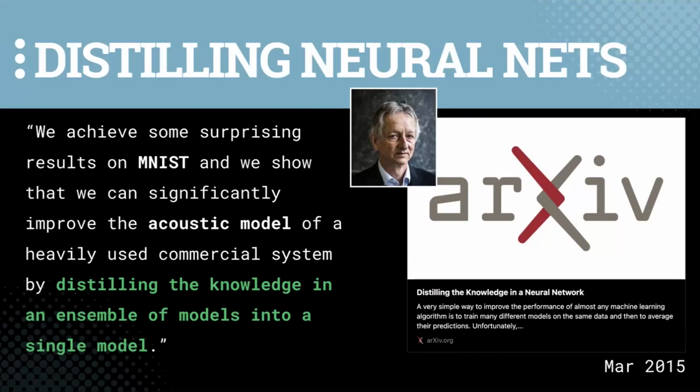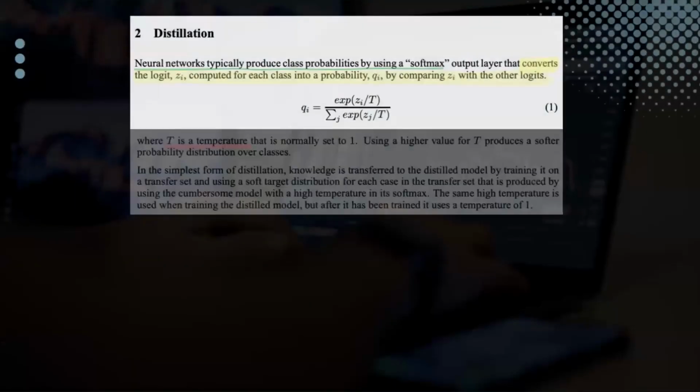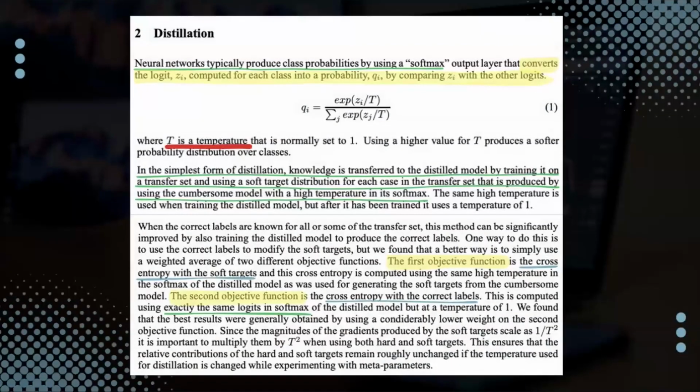Now let's read what Hinton writes. See if we can track it now. Knowing what we know, I think we can, but it's tough. Neural networks typically produce class probabilities by using a softmax. Okay, all right, Jeff. Distillation, this is like the original sort of thing.